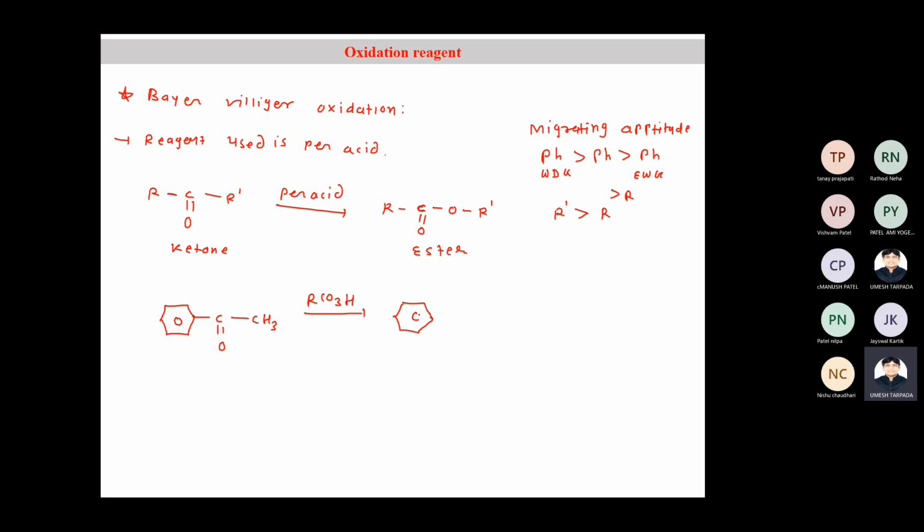So oxygen is inserted between the phenyl ring and the carbonyl group because the phenyl ring has higher migrating power. But if you are having two phenyl rings, one with an electron withdrawing group and one ring having an electron donating group, now where does oxygen insertion take place?